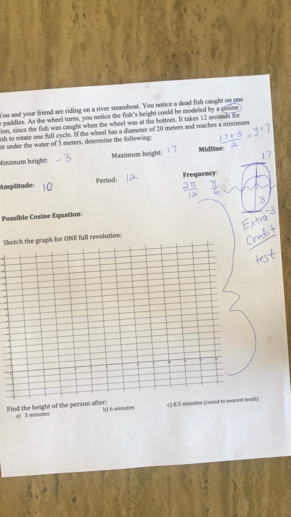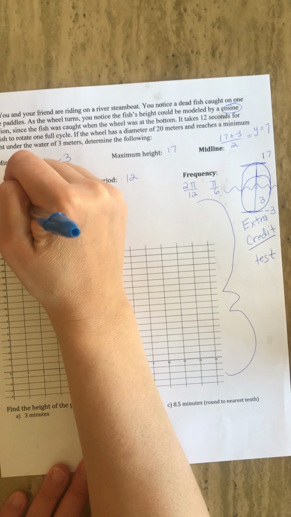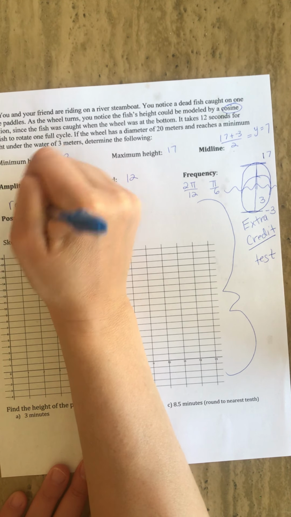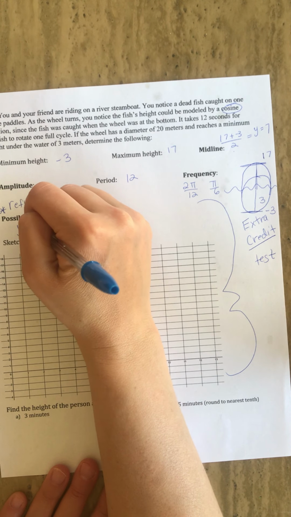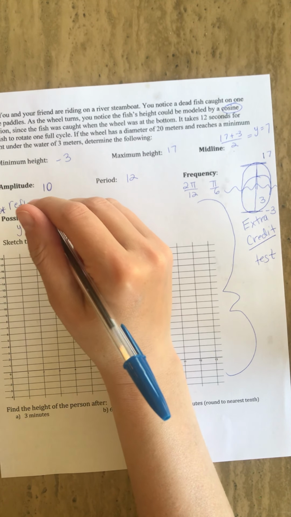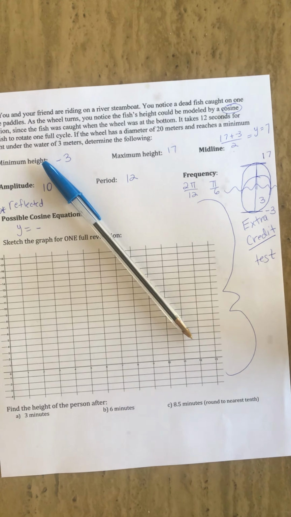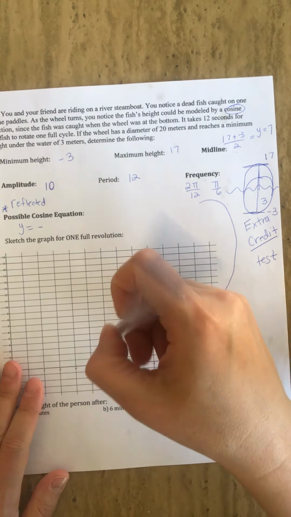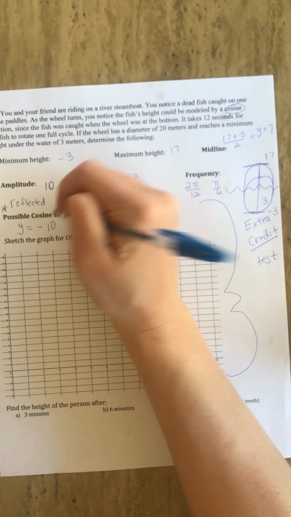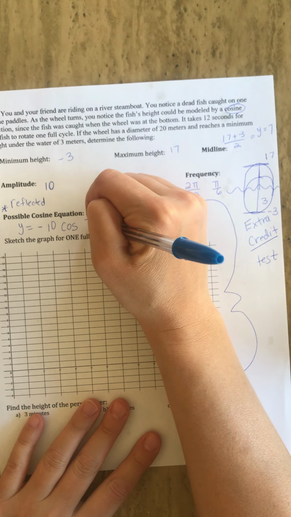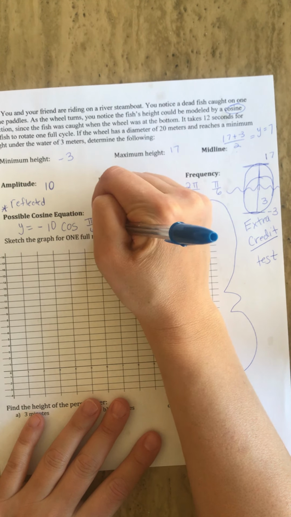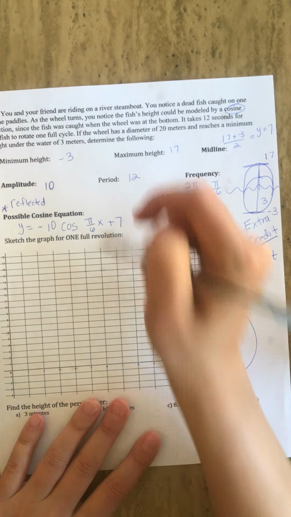Okay? You're going to go ahead and put everything together. You do want to know that this is reflected. So we have y is equal to -10 cosine of your frequency, which is pi over 6x, plus 7.